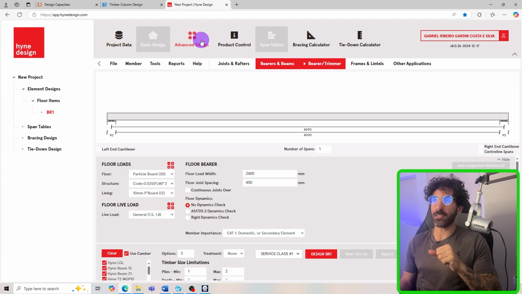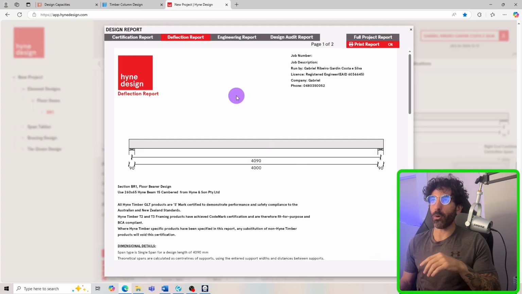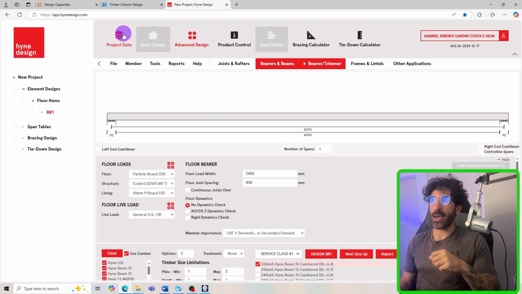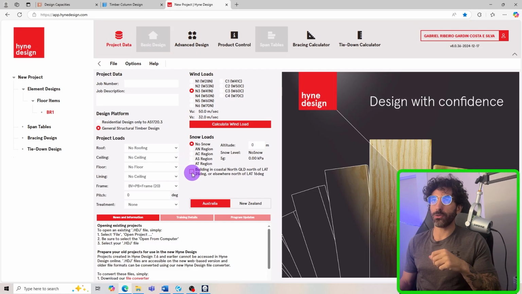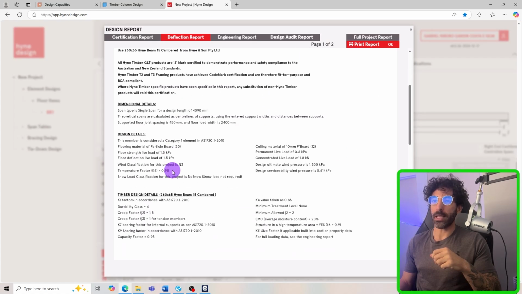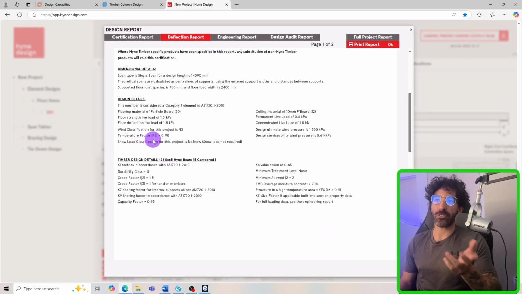So you go to advanced design, design anything, go to report, engineering report, just scroll down and you will find that temperature factor K6 equals 1. Now, if you go back to your project data and tick that box and go to advanced design, click on design again, report. Now you can see that the temperature factor K6 changed to 0.9.